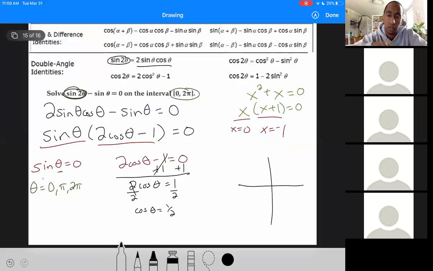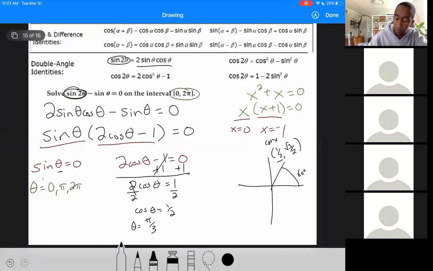So cosine of theta equaling 1/2 would mean x has to equal 1/2, right? 60. Okay, 60 degrees is 1/2 comma square root of 3/2. Yeah, cosine is x. That's 1/2. So give me that in radians. Pi over 3. Okay.